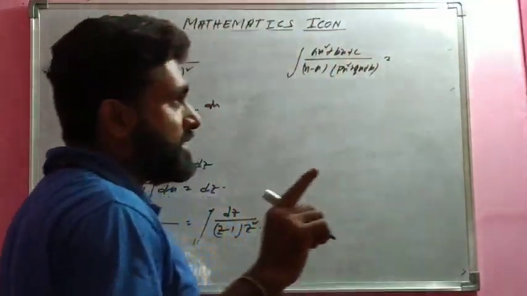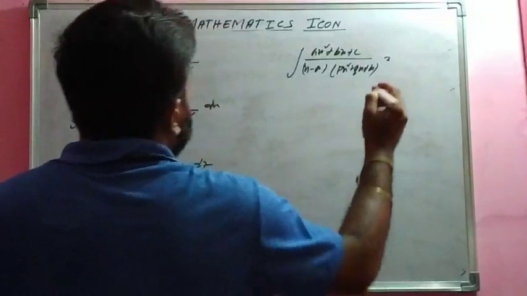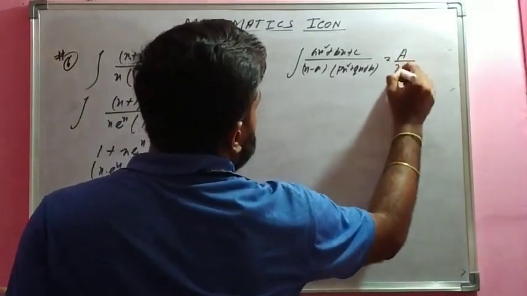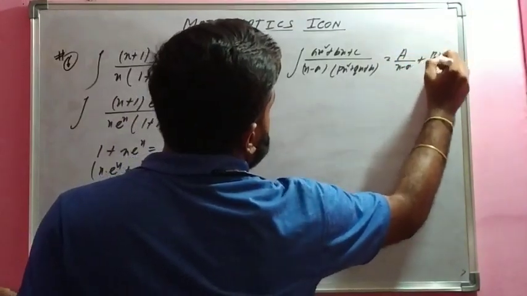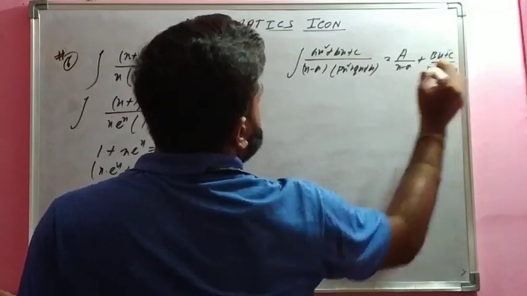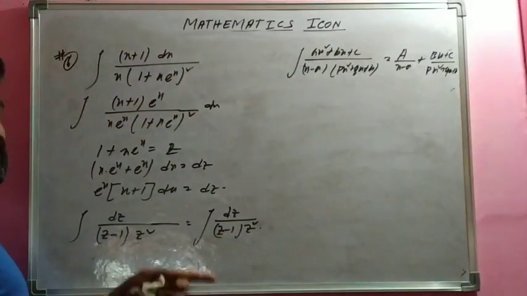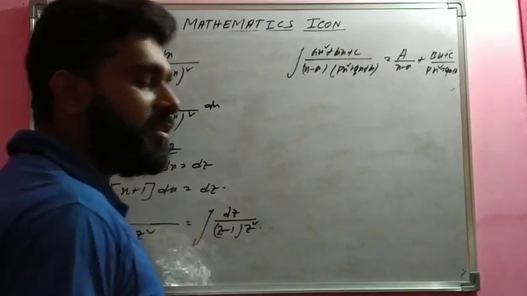Just you can see in the denominator one expression is in linear form and another is in quadratic form. Then the partial fraction will be used just like that: bx plus c by px square plus qx plus r. So here the same expression is there. Z square is the quadratic formation, z minus 1 is the linear formation.